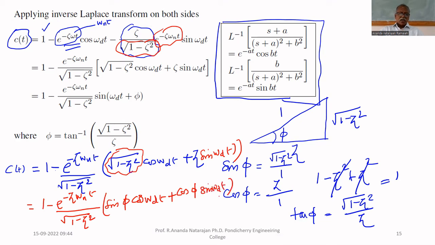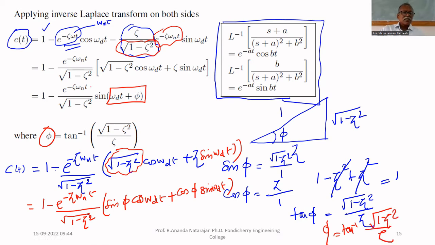That is equal to sine of A plus B. So this can be replaced by sine of A plus B. Therefore, 1 minus e power minus zeta omega nt upon square root of 1 minus zeta square, sine of omega dt plus phi, where tan phi equals square root of 1 minus zeta square by zeta. Therefore, phi equals tan inverse of square root of 1 minus zeta square upon zeta.